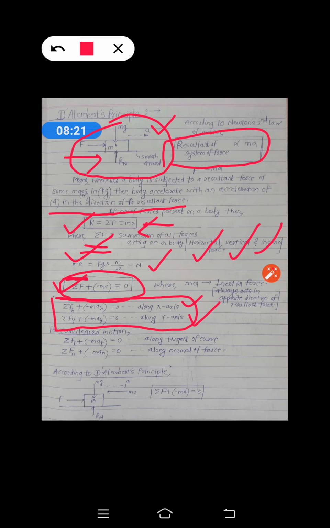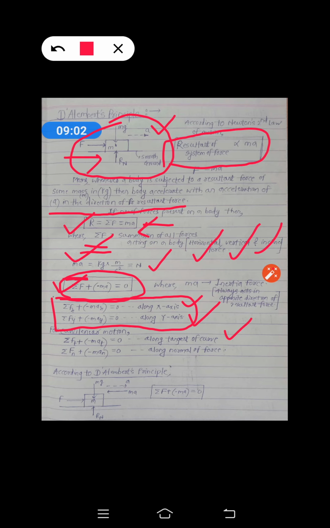So this is for straight line motion. Suppose you take the motion along a curve, that is curvilinear motion, then you get the equation along the tangent of the curve, that is summation of f of t plus in bracket minus m a suffix t bracket complete is equal to 0. Summation of f of t means summation of all the forces tangent to the curve, and at means tangential acceleration.